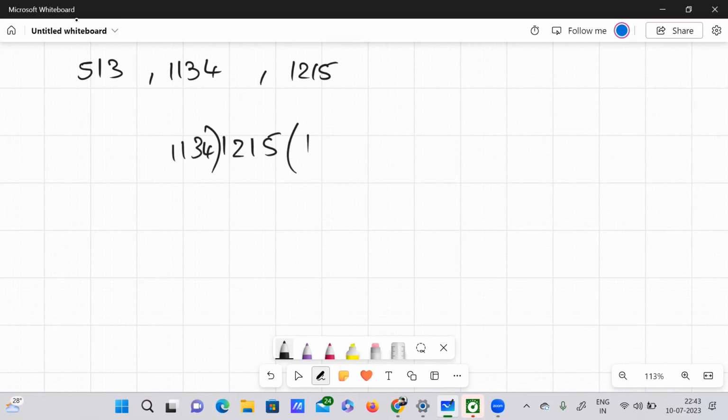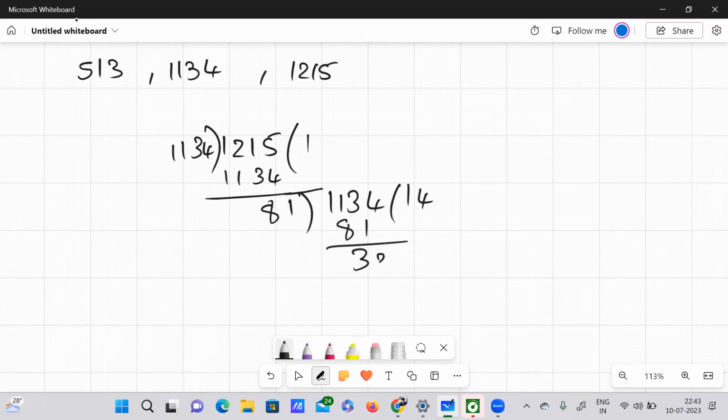So what happens here? 1134, now, 81 here. So this will be your divisor again. Now you need to divide 1134 with this remainder, that is 81, right? Now if you divide, you'll get 81, and the remainder would be 324.